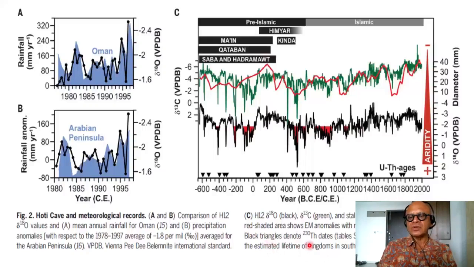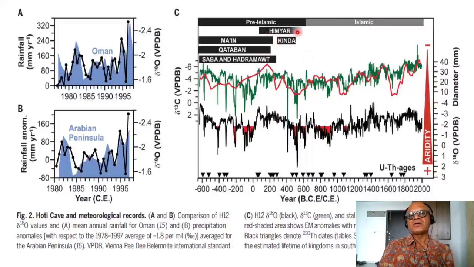Black triangles denote the thorium dates. Black shaded bars denote the estimated lifetime of kingdoms in southern and central Arabia. So the different ages are listed here, but this is what we are looking at, coming back from the 6th century Common Era here, but starting here at the 6th century BCE. So pre-Islamic and Islamic is split around the 6th century here.